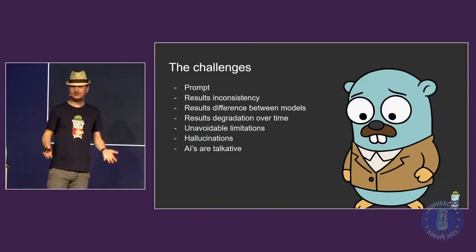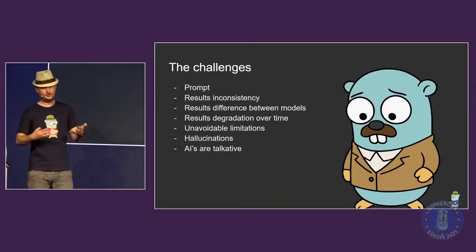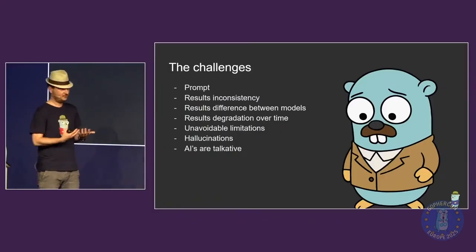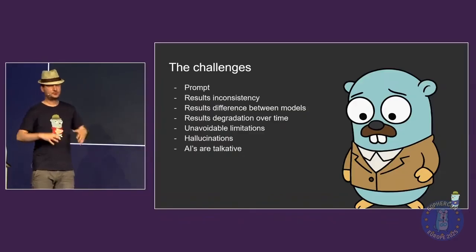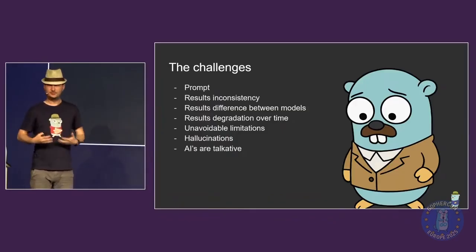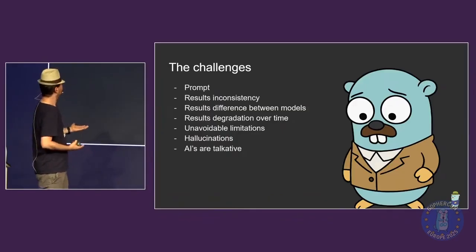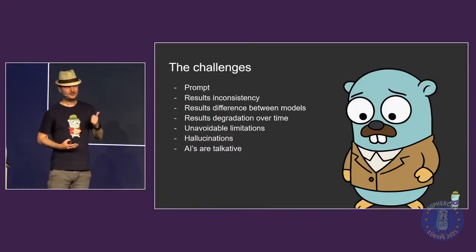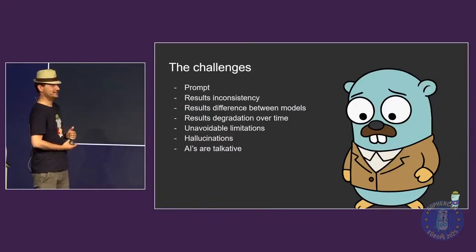Also, there are unavoidable limitations with AI. You all know about the context window, and you can imagine load tests generate a massive amount of data. So you need to put this data into your model, and it needs to process it. Hallucinations. This is my favorite because, yeah, I can't explain.